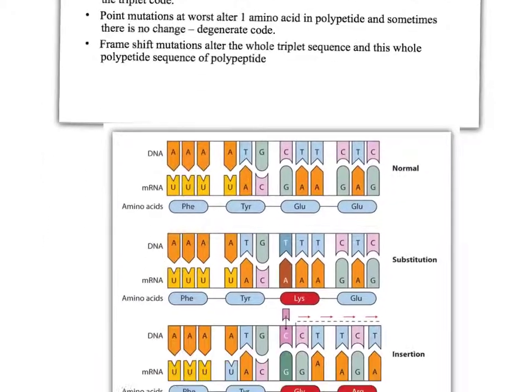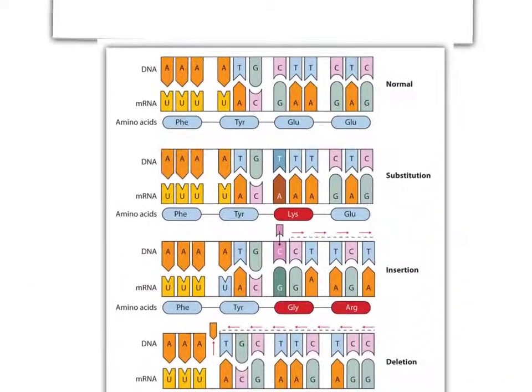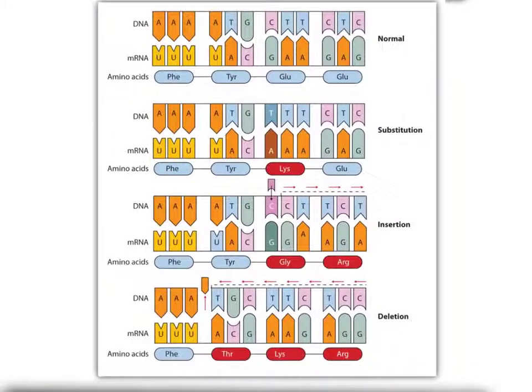Illustrating some of that with a diagram below. Here I've got a normal sequence of bases along here. So here are the DNA bases and the RNA transcripts, and then what those translate to in terms of amino acids. So that's a normal setup here.